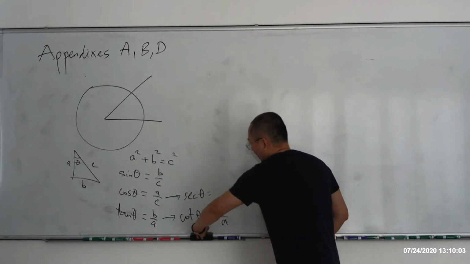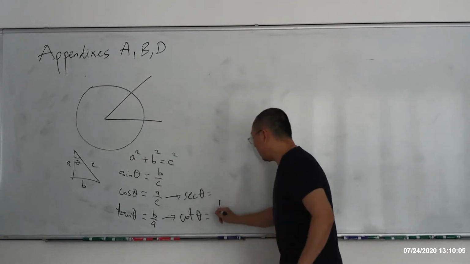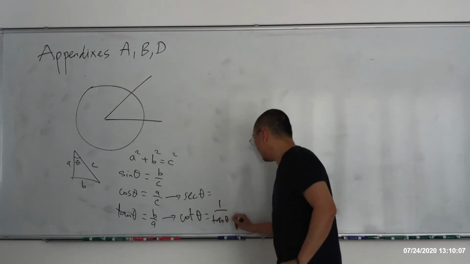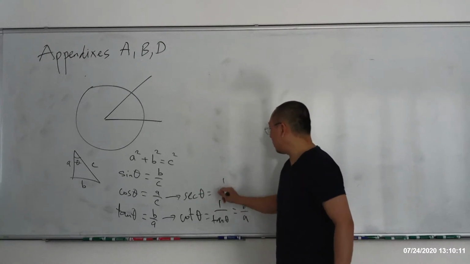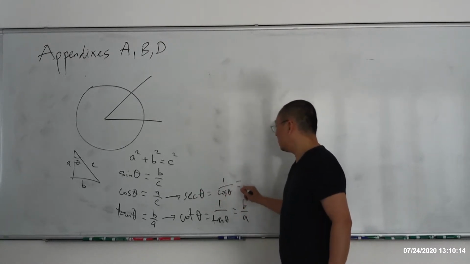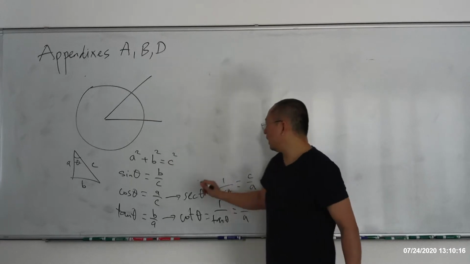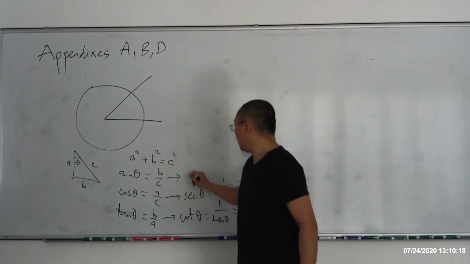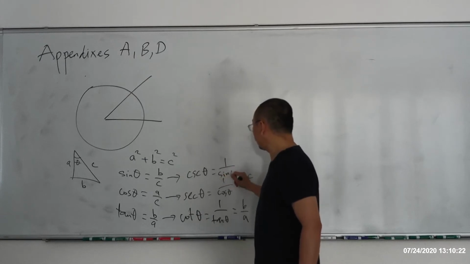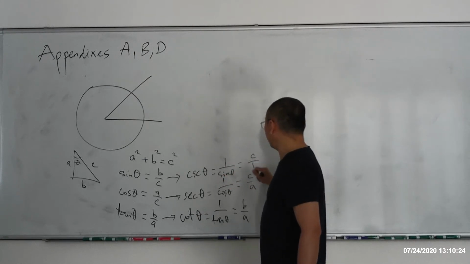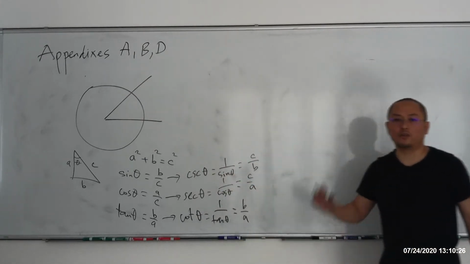So let me write down. Cotangent is 1 over tangent, which is A over B. Secant of theta is 1 over cosine theta, which is C over A. And we have something called cosecant theta, which is 1 over sine theta, which is C over B. Okay, now you got all the 6 trig functions.